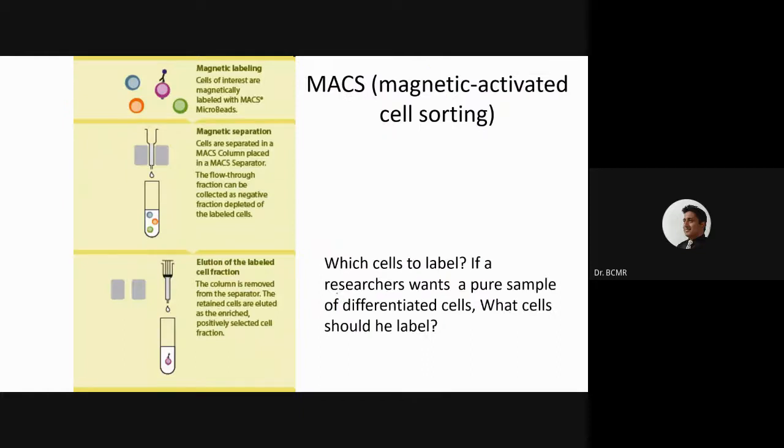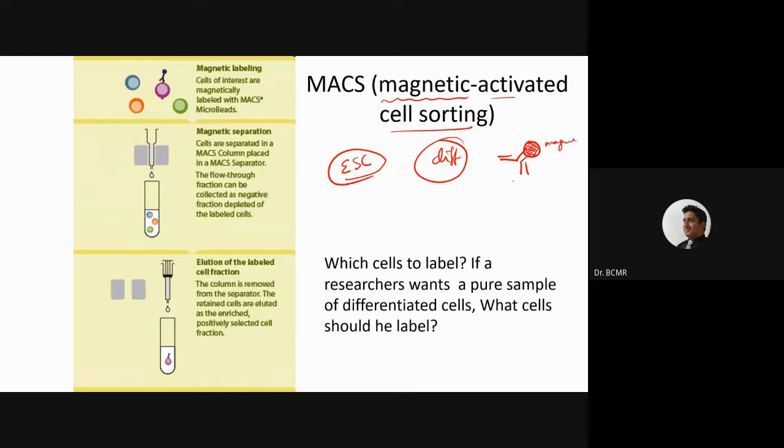The other one is called MACS, or magnetic activated cell sorting. This is a much simpler and easier one. Here we have embryonic stem cells and differentiated cells. So we take antibodies against any of them, and the antibodies are engineered such that they are conjugated with magnetic beads.